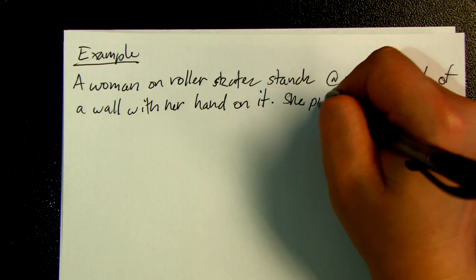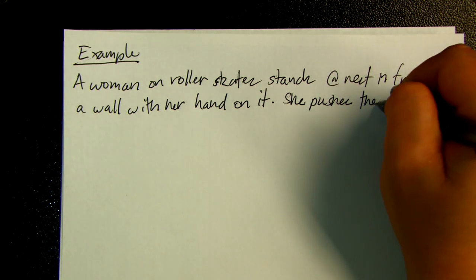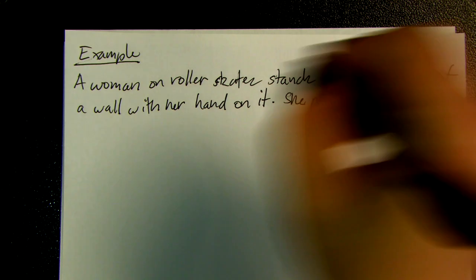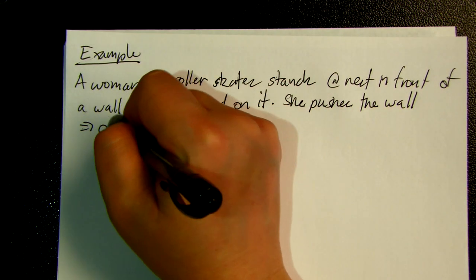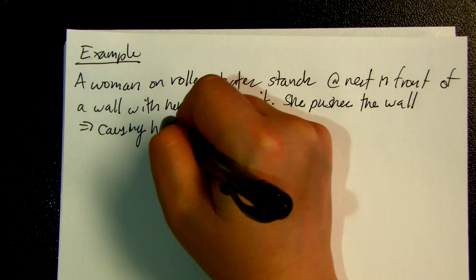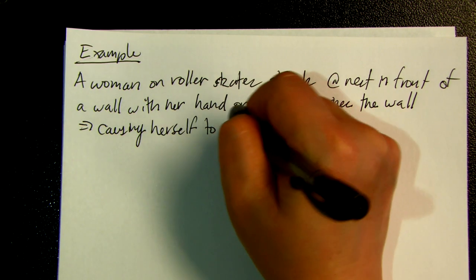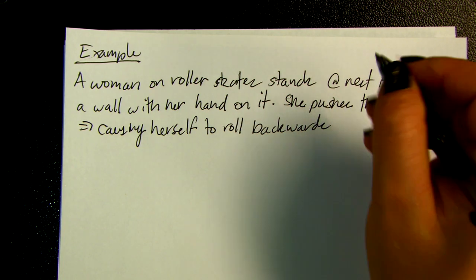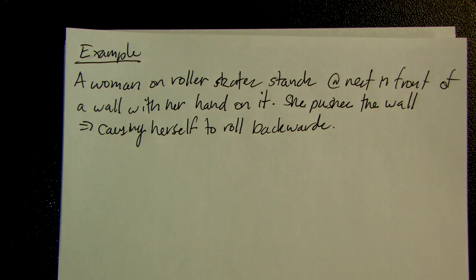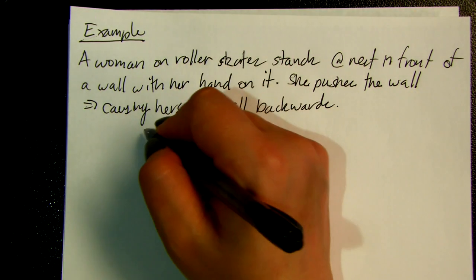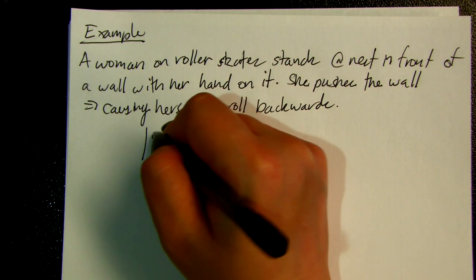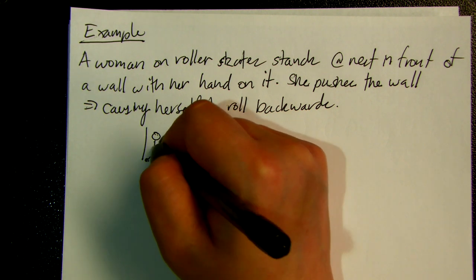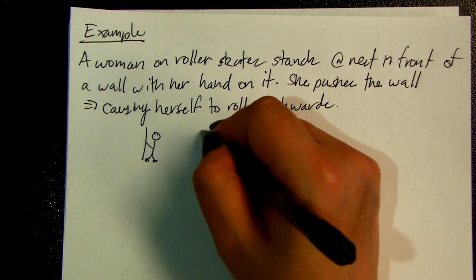She pushes the wall, causing herself to roll backwards. So there she is on skates, in contact.